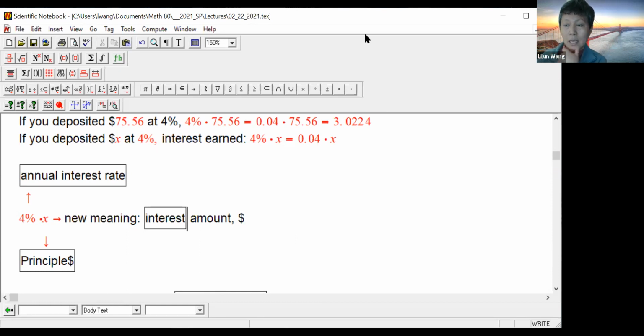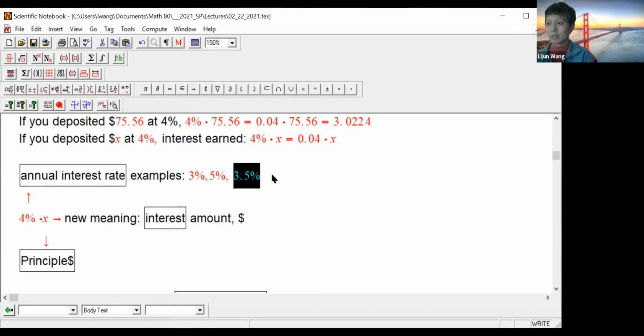Annual interest rate is one category. Examples could be 3%, 5%, right? Percentages. None of them have a dollar sign attached to it. 3.5%, right?